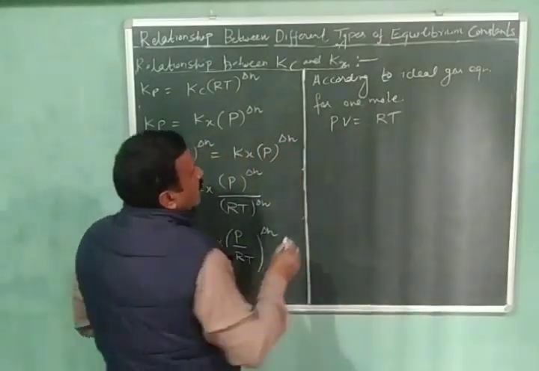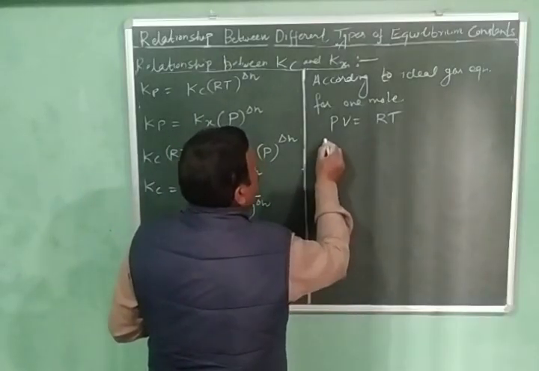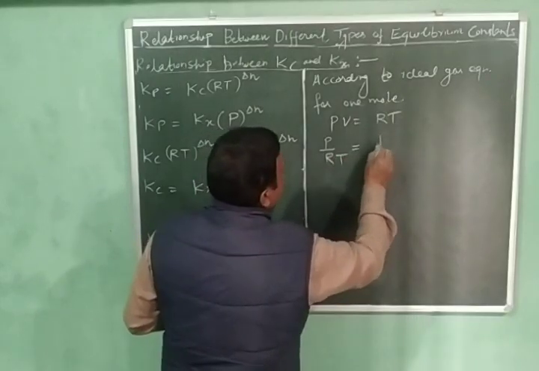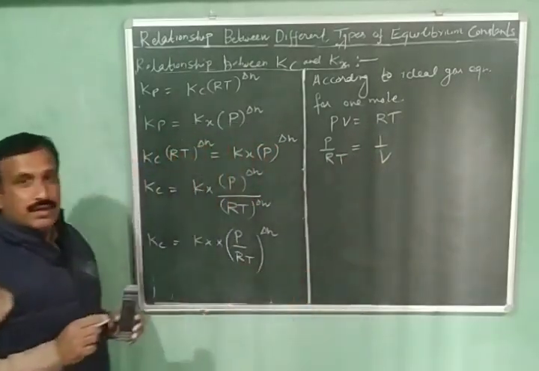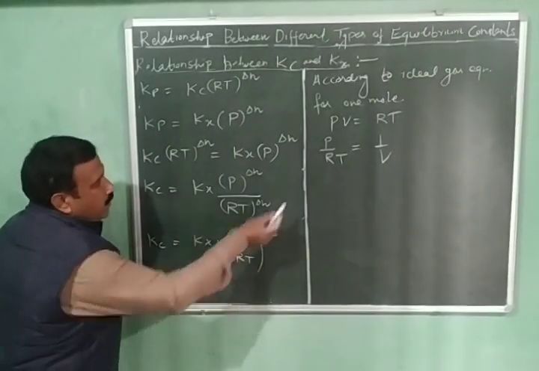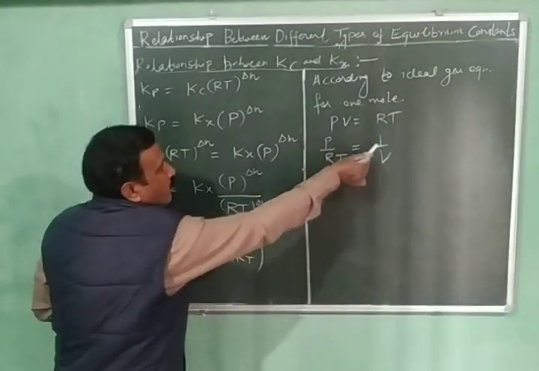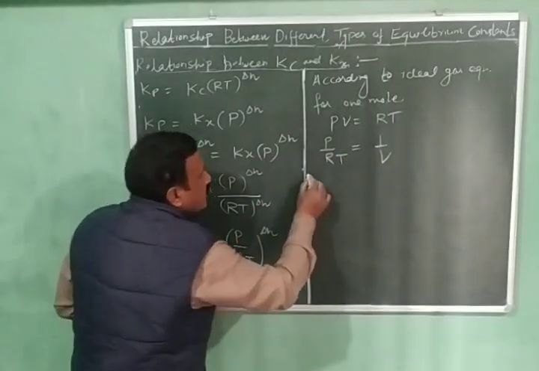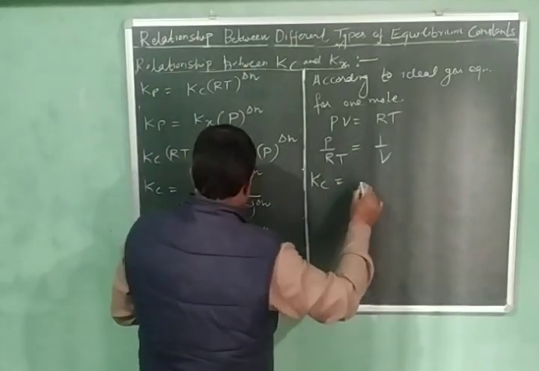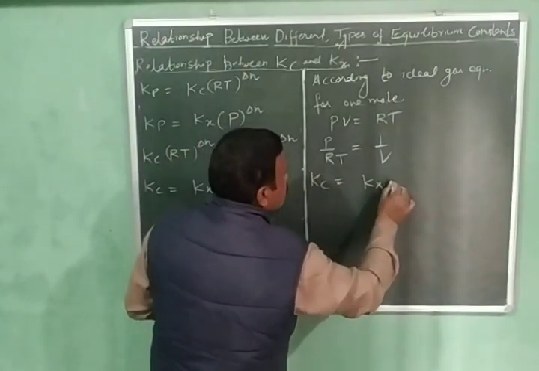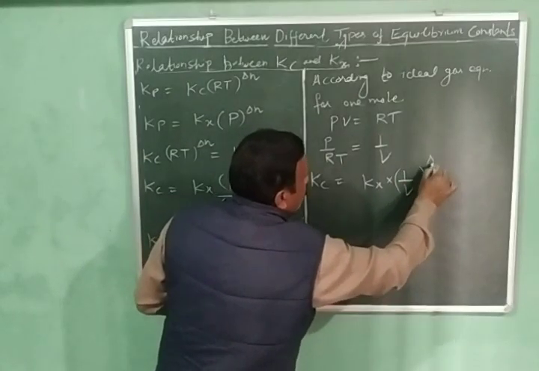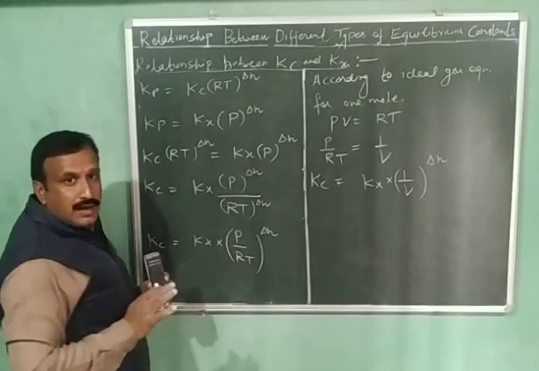From this equation we have P upon RT equal to 1 upon V. Now we will substitute the value of P upon RT as 1 upon V. Then Kc is equal to Kx into 1 upon V raised to power delta n.